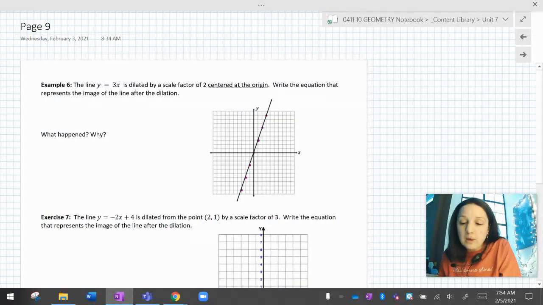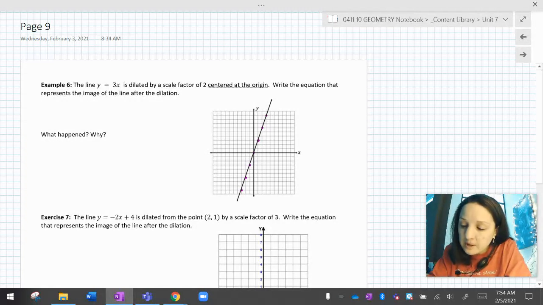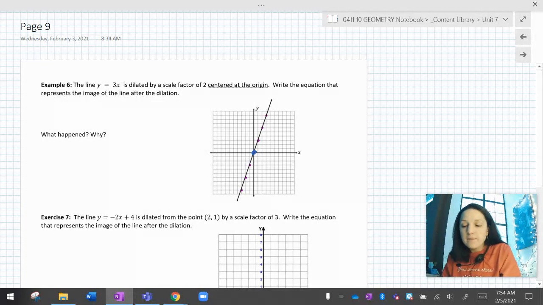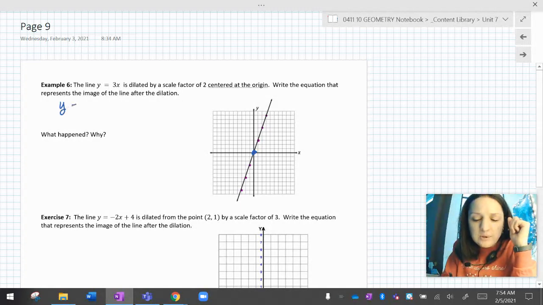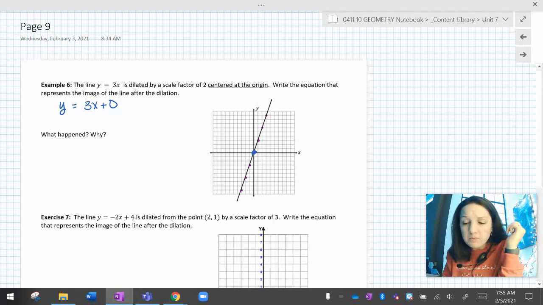What do we got on the back? The line y equals 3x was dilated by a scale factor of 2 centered at the origin. Write the equation that represents the image after dilation. Wait a second. If I'm going to dilate that by a scale factor of 2 centered at the origin, y equals 3x is y equals 3x plus 0, right? Because my y-intercept is 0.